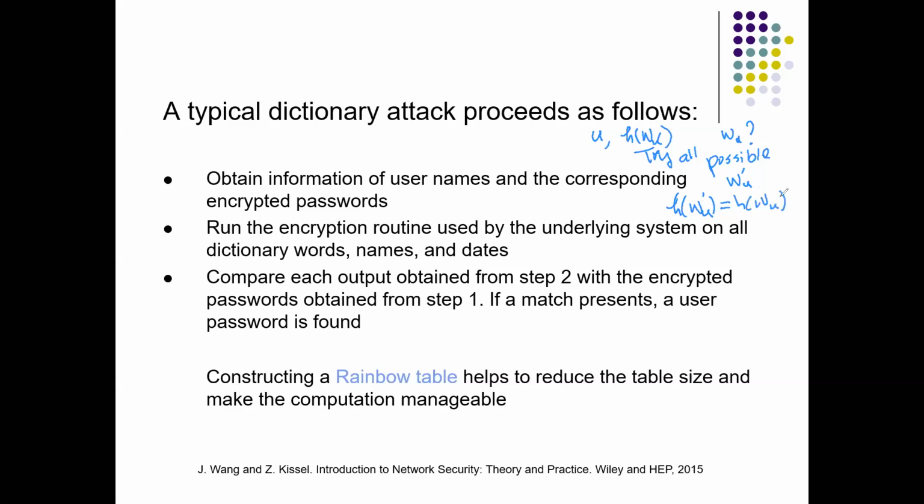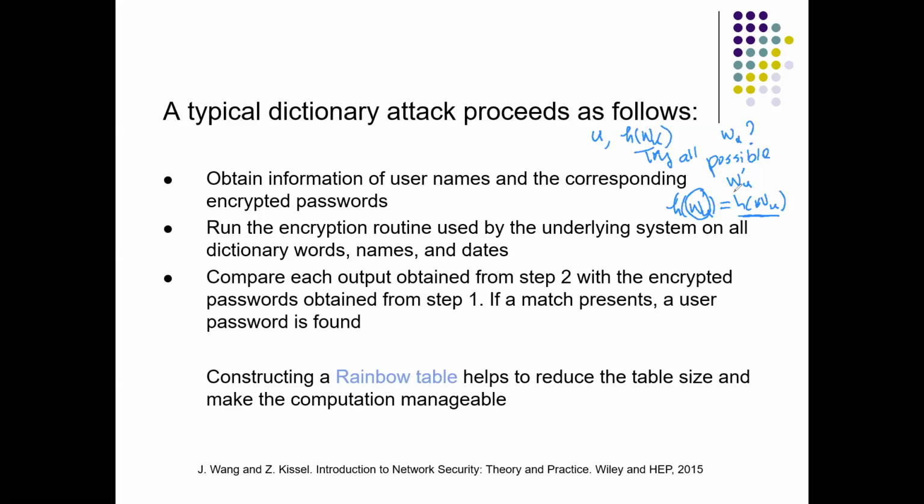H of W. Now, we know that this H is a hash function. So even though this particular W sub U prime may not be identical to W sub U, they have the same hash. So that would count too, because what gets stored in the system is the hash. So if you get a W sub U prime with the same hash, then you will be allowed to get in.